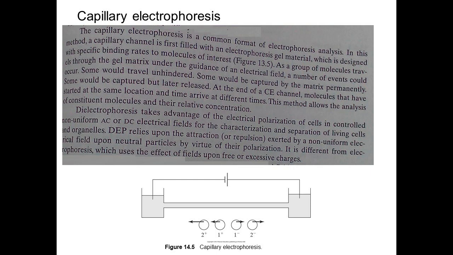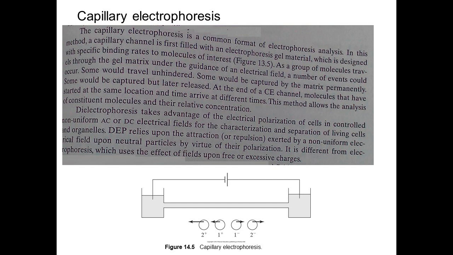Apart from electrophoresis, there's another one, which is dielectrophoresis. If you refer to the previous slide, it takes advantage of the electrical polarization of cells in controlled non-uniform AC or DC electrical fields for the characterization and manipulation of living cells or organelles, which are usually neutral.